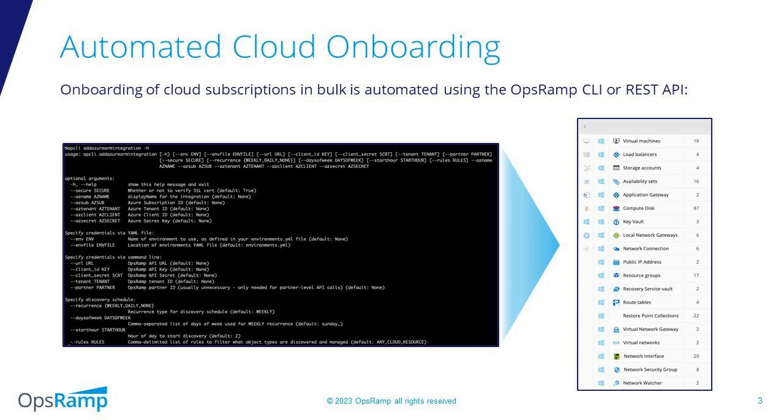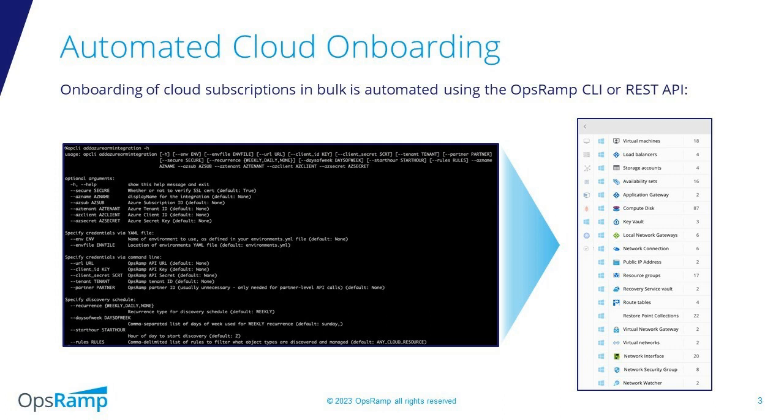We just use Python package management, and you can just do pip install OpsRamp CLI, and voila, you get this really helpful CLI that lets you do a lot of these things that you might otherwise do with the API. So depending on if you're more comfortable with CLI or API directly, you can take advantage of that.